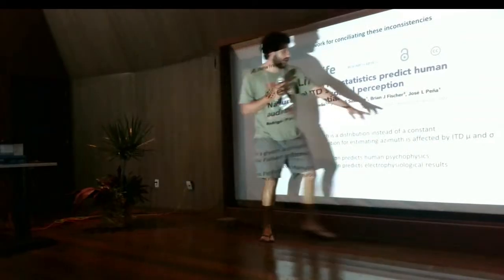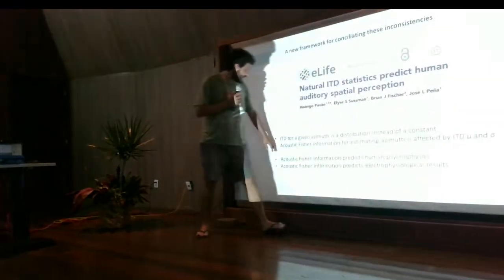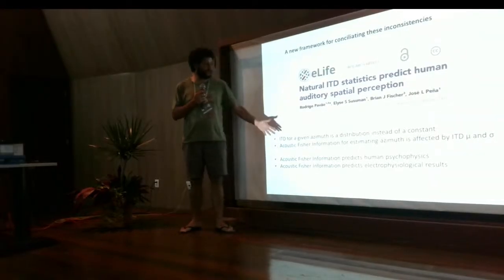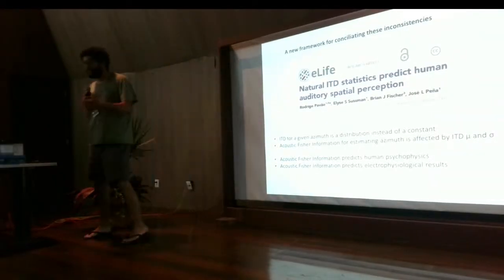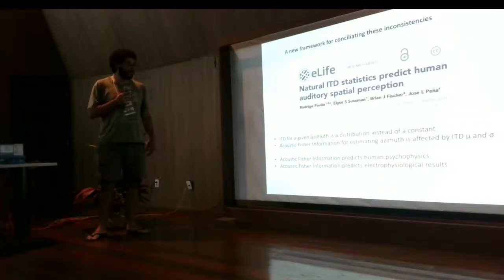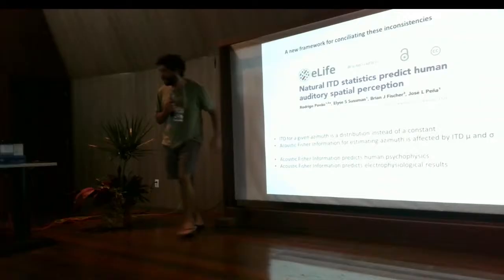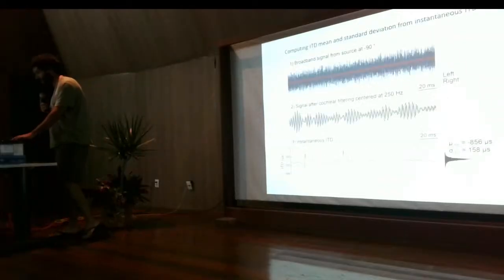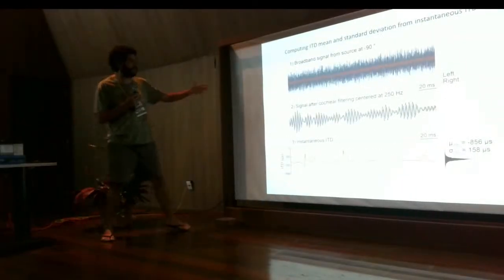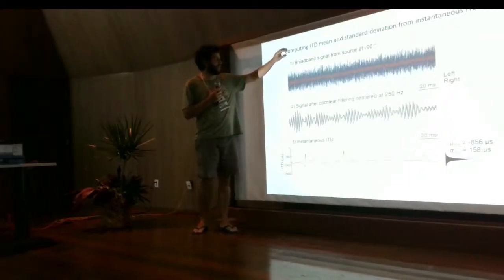So it has a mean and a standard deviation. And this acoustic Fisher information, how much you can estimate locations based on ITDs, can predict both psychophysics and electrophysiological results, right?